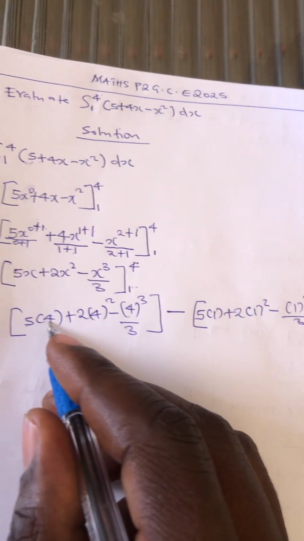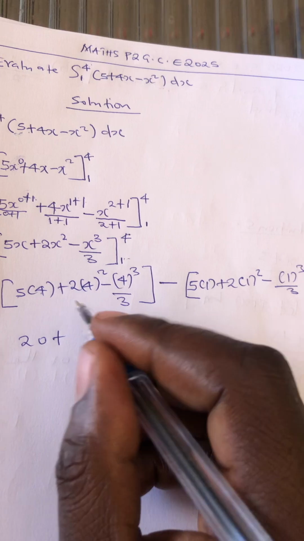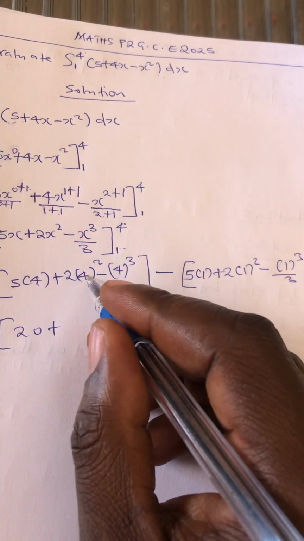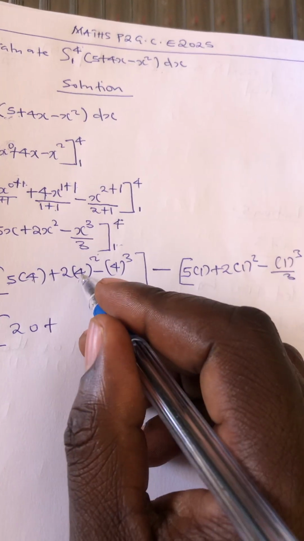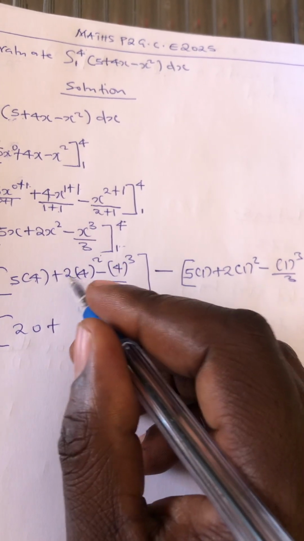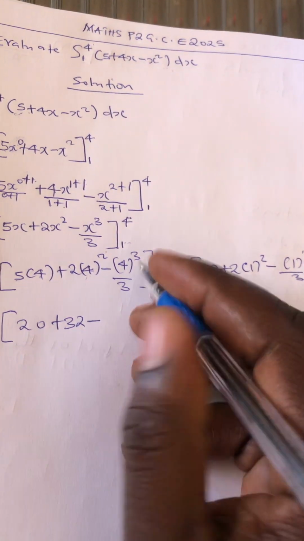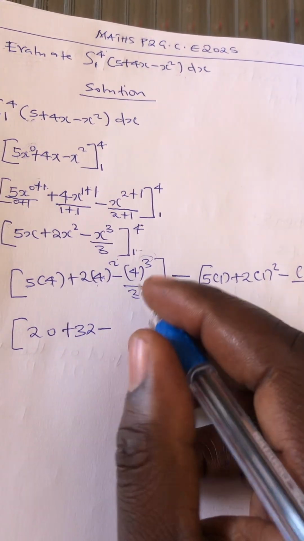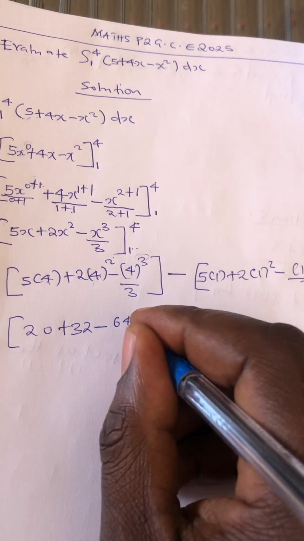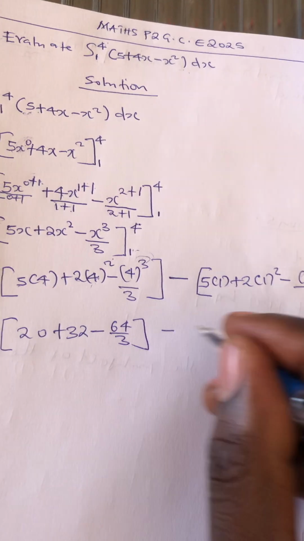So 5 times 4, we're going to have 20, plus 2 times 4 to the power 2. 4 to the power 2 is 16, so 2 times 16 is 32, minus 4 to the power 3, that's 64 over 3, minus.